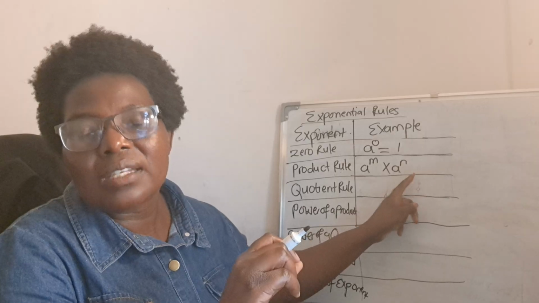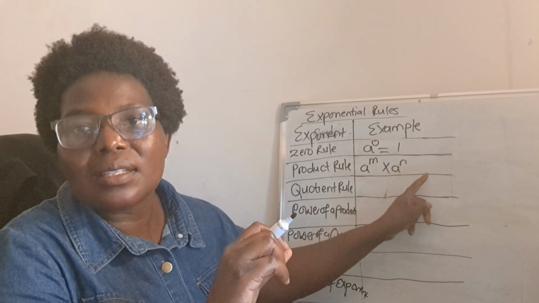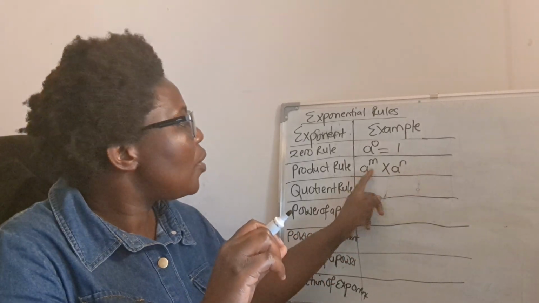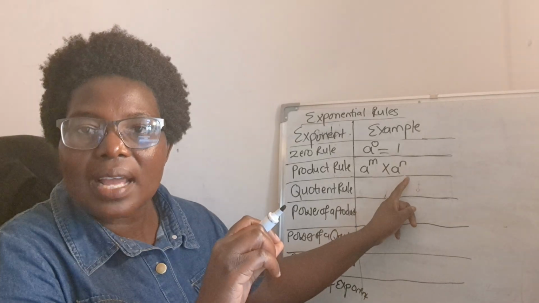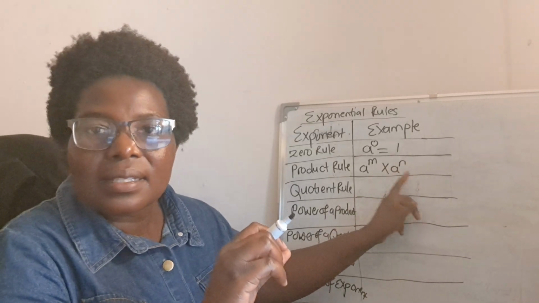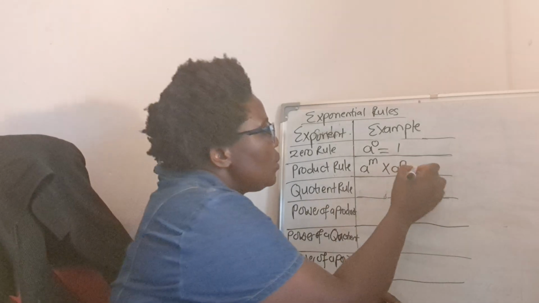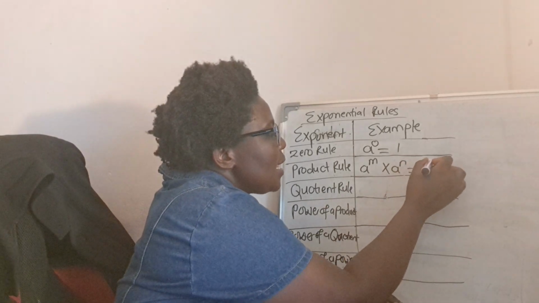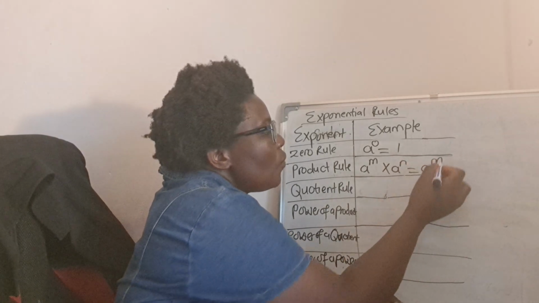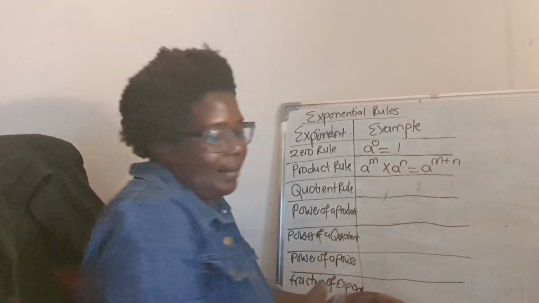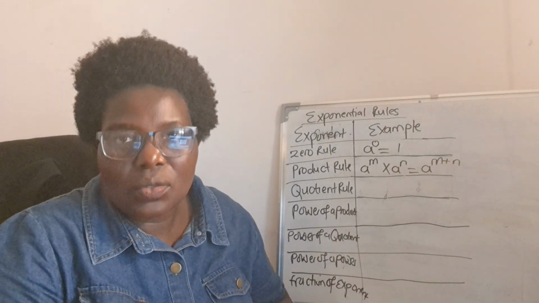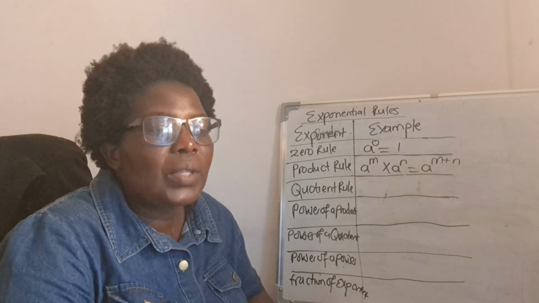Let's assume that you are required to simplify this. When you are multiplying exponents, you need to add the powers. In short, this will be written as a to the power of m plus n. So you need to add the powers.